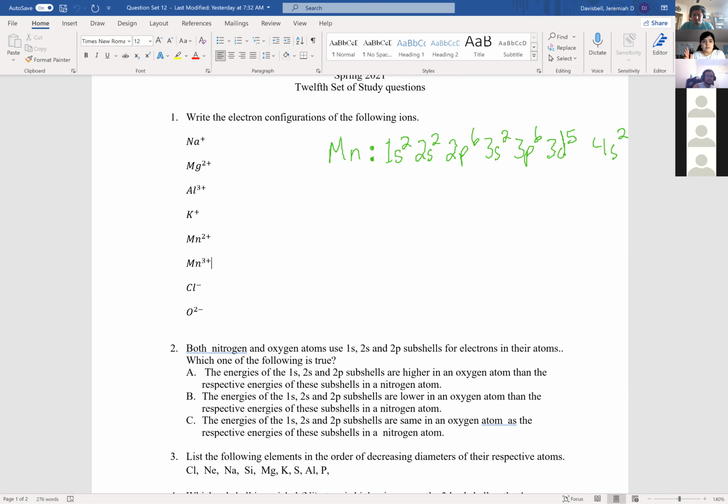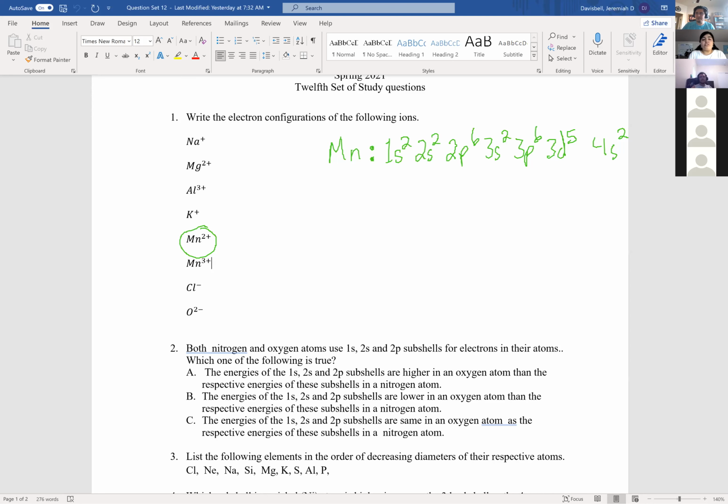So the way that I have it here, basically. And then when you're asked for the ion, you start with the neutral form, right? And now it asks us for the 2+ configuration. So if we have a 2+ charge, how many electrons are we losing? You're losing 2 electrons, right?